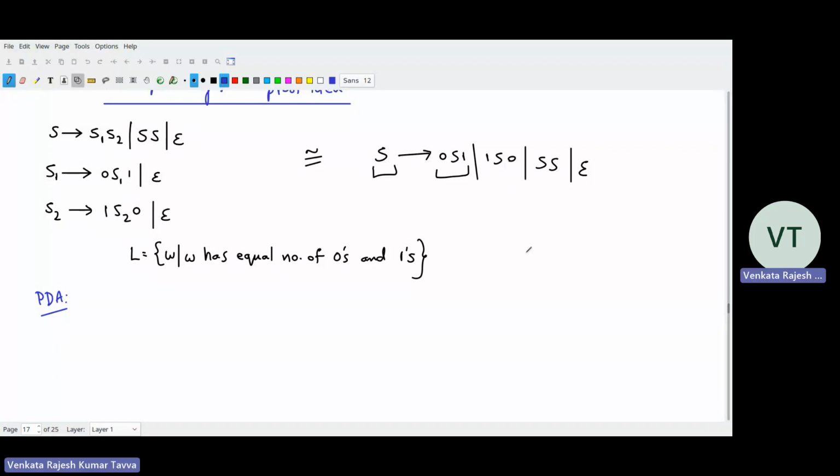Okay, forget PDA. Just think of the logic. Don't worry about transitions. Just logic.